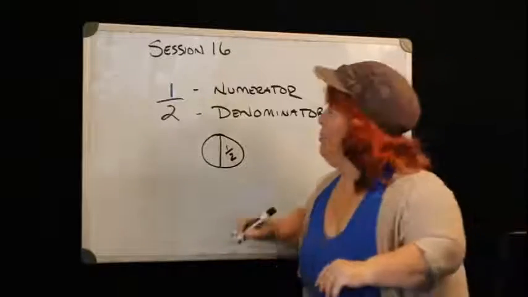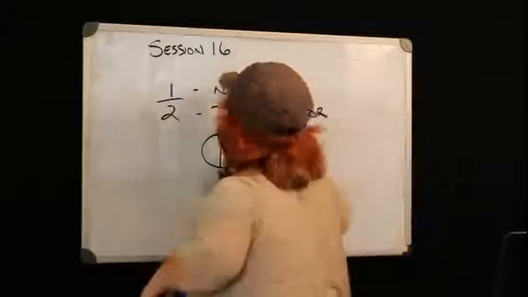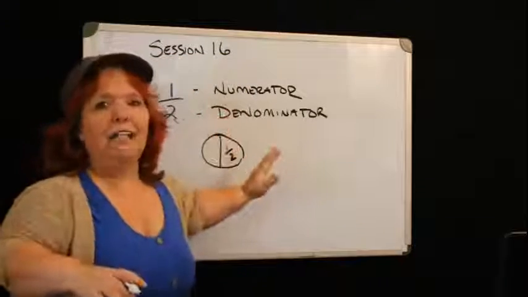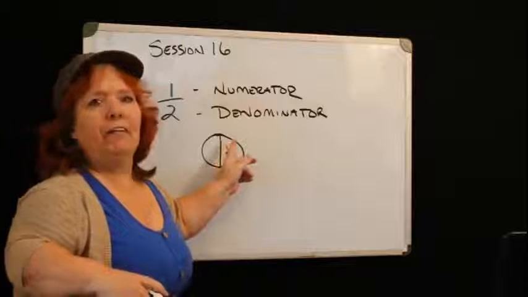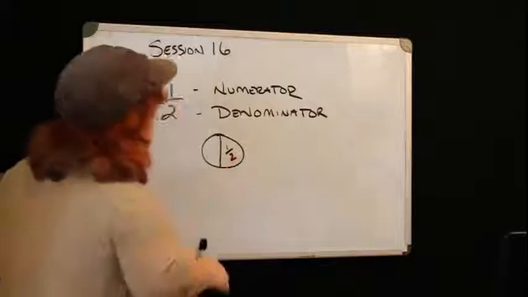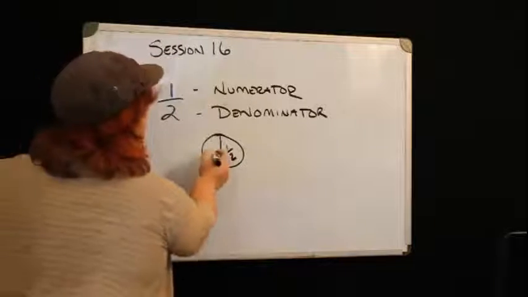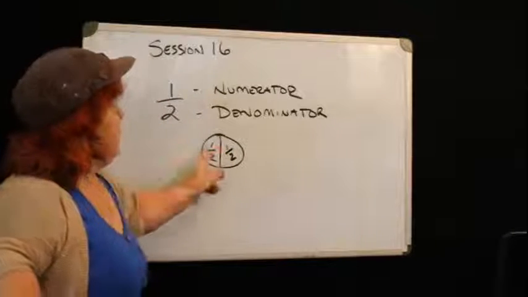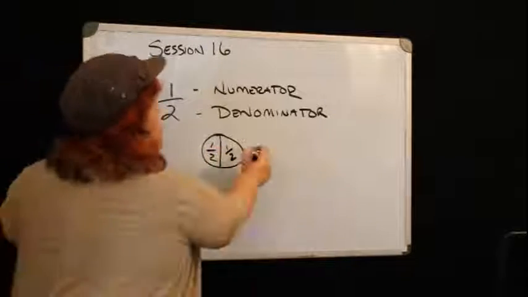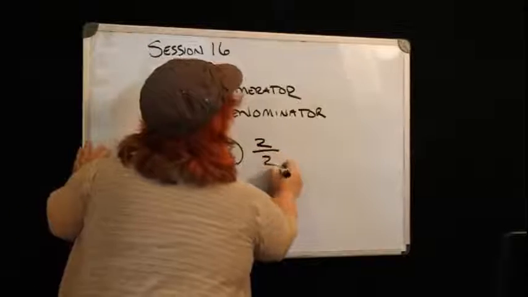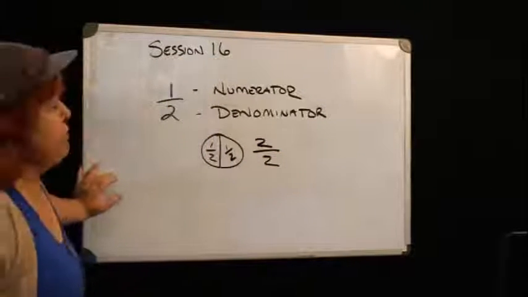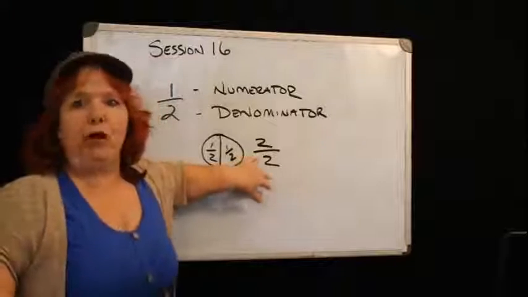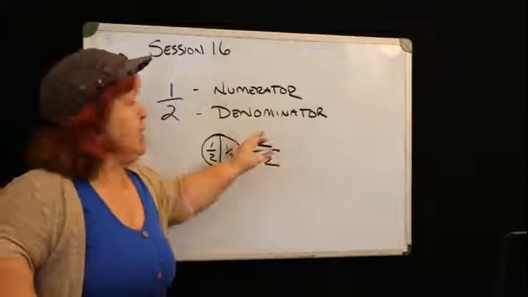Okay? So, what I ended up with this morning when I woke up, I had 1/2 of a pie, because I had one part of the 2 parts. He took the other part of the 2 parts. So when he brought it back and put it in there, now I have 2 parts of 2 parts. Whenever you see a fraction, the bottom is how many pieces make the whole, and the top is how many parts you have.